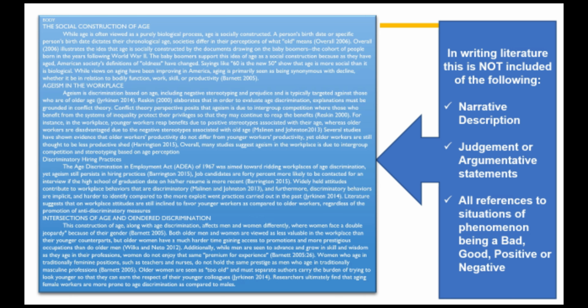All references to a situation or phenomenon being bad, good, positive, or negative should also be omitted when we write our literature review. We already know that a literature review is an objective report of the material and does not argue a point.